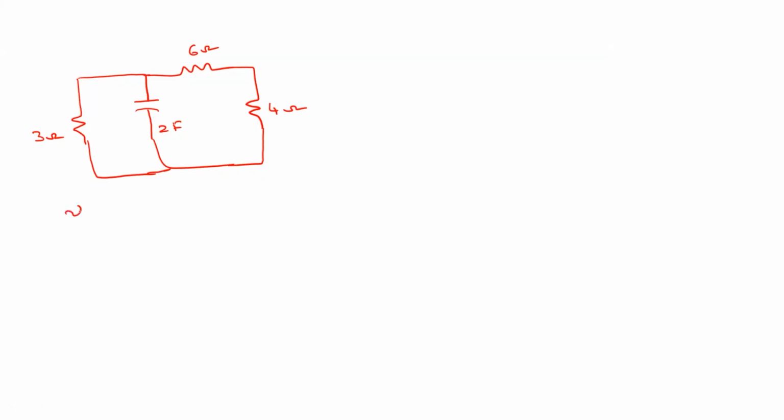Let us assume that the voltage across the capacitor, this is VC, VC at 0 is 10 volts. So calculate VC at t for t greater than 0. Calculate the voltage across the capacitor when t is greater than 0.